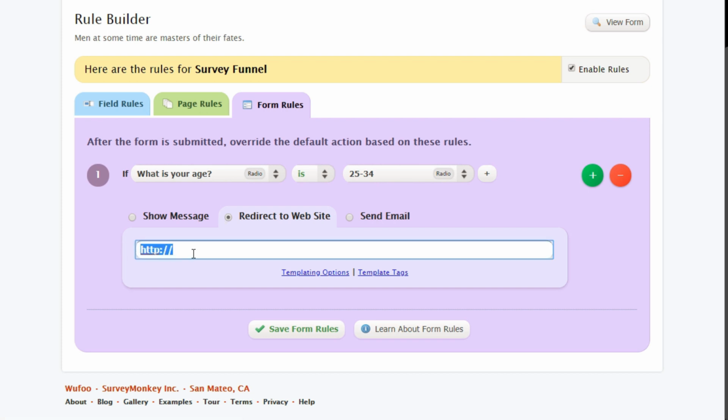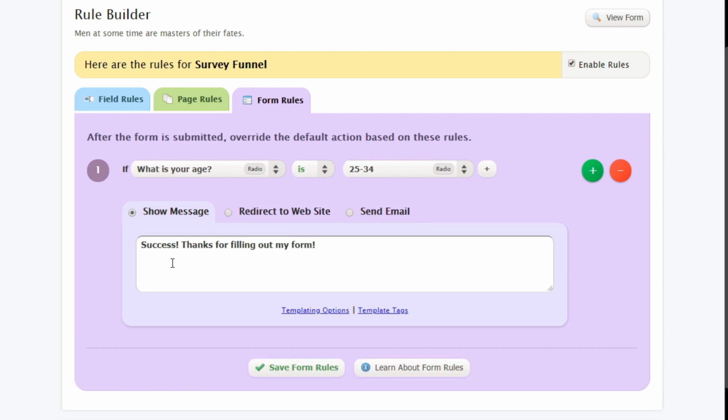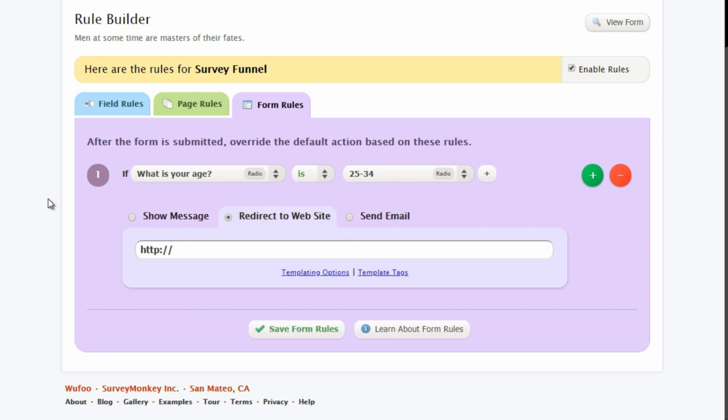So you could have this linking to a video sales letter, right? Or this linking to an opt-in form. Or you can have them show a message. But that's why you need to use wufoo.com, because a lot of survey builders don't really allow this. All they do is allow you to build a form, and that's it.